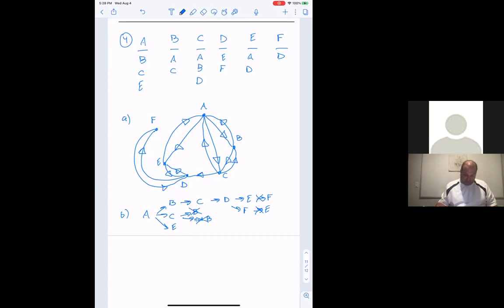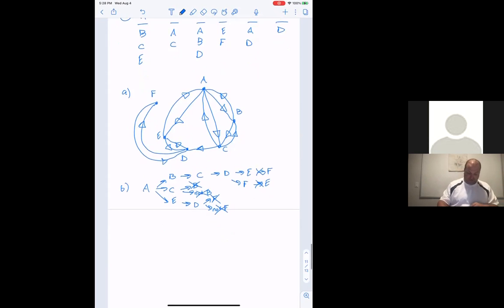And if A goes to E, then the only option after that is D. And either we go to F or not F. If we go to F, we have to come back through D, and if we don't go to F, we have to come back through D. So yeah, it's not possible if we start at A to visit all 6 of them in exactly 6 links.